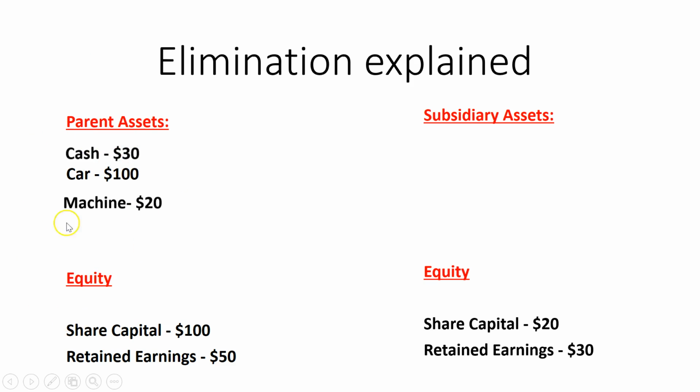So the values of these assets equal what the old investment asset was, and so our balance sheet still works, i.e. $150 of assets, $150 of equity. And so the reason that we are eliminating the subsidiary's equity is because the equity that existed to offset the investment asset still remains for the parent, and because we got rid of the investment asset, the assets of the subsidiary take over from offsetting that equity.